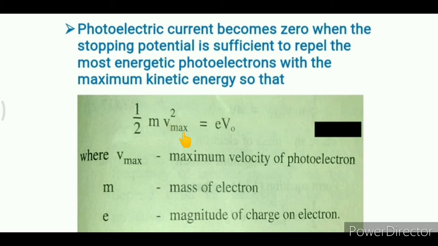So here we have got that the photoelectric current becomes zero when the stopping potential is sufficient to repel the most energetic photoelectrons with the maximum kinetic energy. You have to remember this formula, that is, maximum kinetic energy is equal to e times the stopping potential.